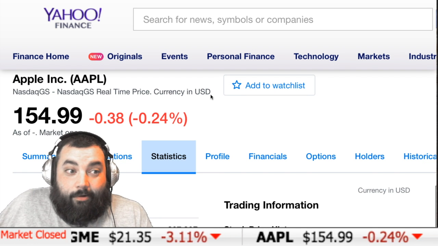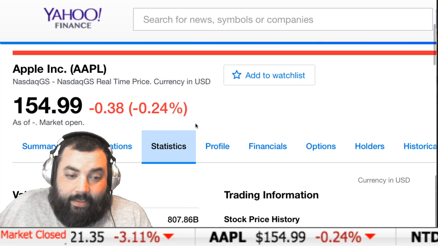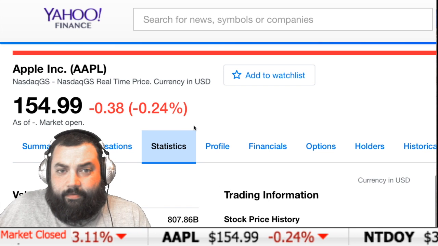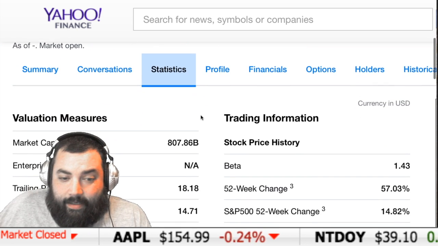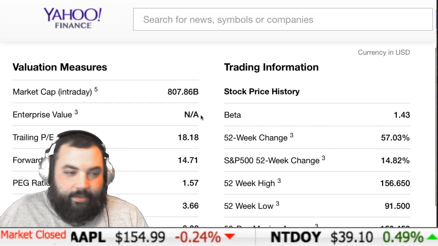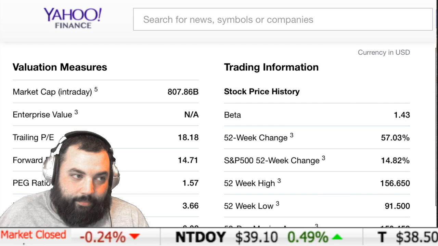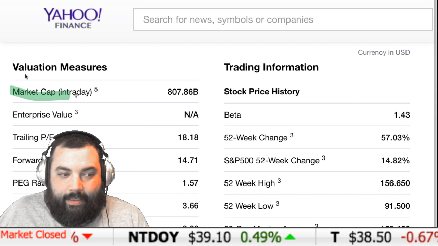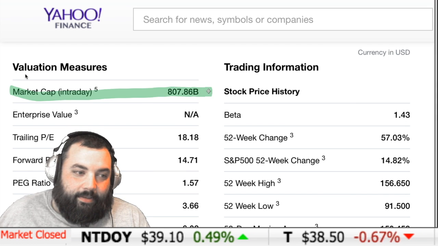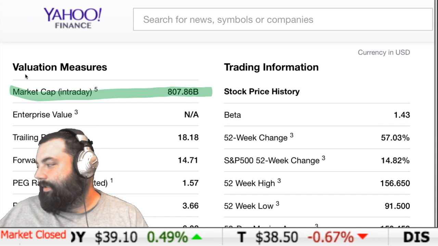So over on Yahoo Finance, click on the statistics tab of whatever stock you're looking at, and they have all these measurements. Now, the first one we're going to look at is market cap. Market cap is simply the size of the company.